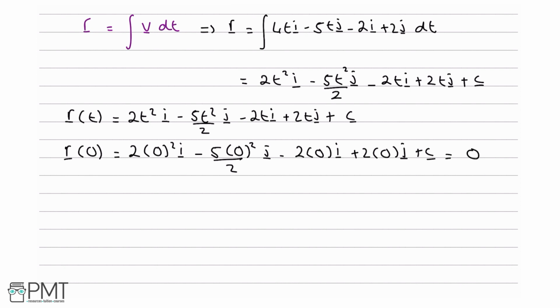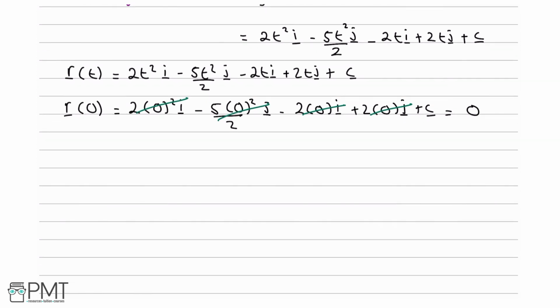Okay, so this is 0i plus 0j, and that just leads to 0 because you're multiplying by 0 all over. This means that this cancels, this cancels, this cancels, and this cancels. So what we are left with is that our constant of integration c equals 0, okay?